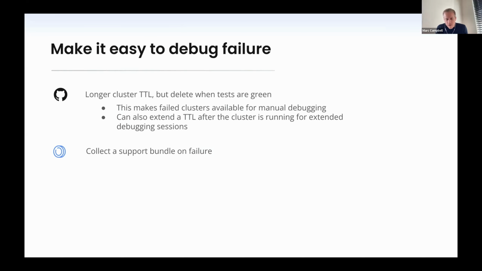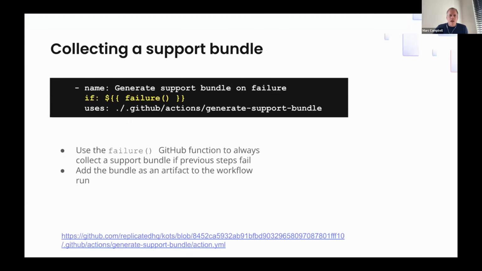And we do have the troubleshoot project, and a really good pattern, and we use this internally, is to collect a support bundle on failure. So in the event that CI fails for some reason, automatically generate a support bundle and attach it to something. The pattern that works really well is to attach it as an artifact to the workflow itself. So it's really tightly coupled into that CI run.